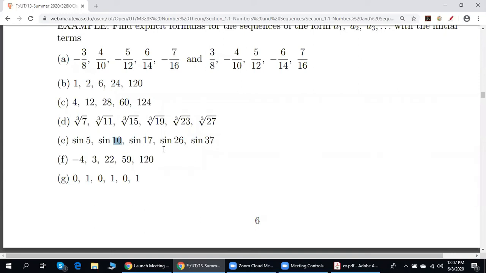Right. But let us continue. 26 minus 17, 9. 37 minus 26, 11. So let us list all the differences. 5, 7, 9, 11. These are consecutive odd numbers.